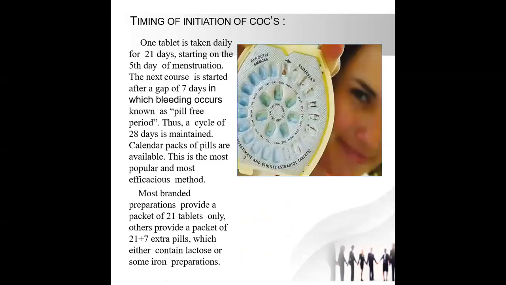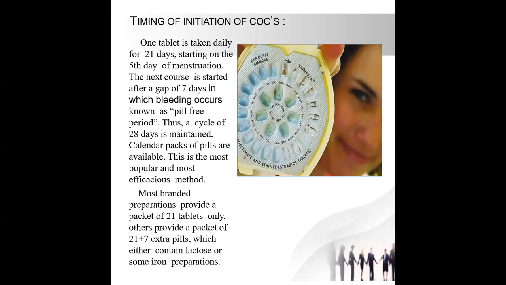Now, when you talk about the combined oral contraceptive pills, what is the timing of their initiation? One tablet is taken daily for 21 days, starting on the 5th day of menstruation. The next course is started after a gap of 7 days, in which bleeding occurs, known as the pill-free period.